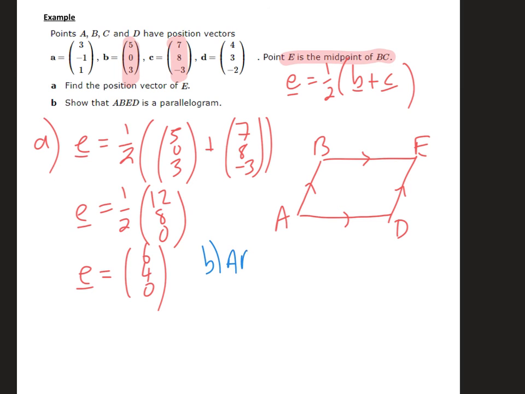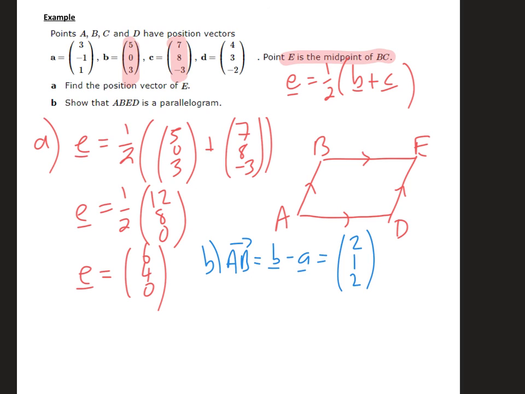Let's do AB first. That's b minus a. I'm not going to write all the numbers out. So 5 minus 3 is 2, 0 minus minus 1 is 1, and 3 minus 1 is 2.